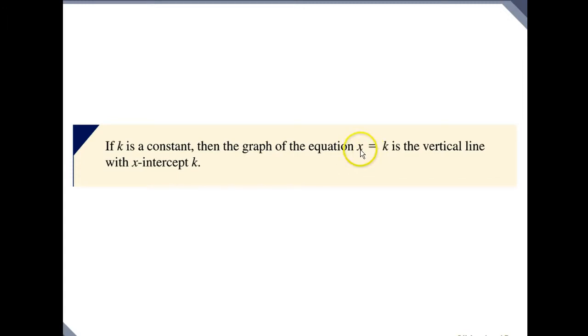So here we're saying if x equals a, that is the formula for the vertical line with the x-intercept at a. Here they're using the letter k for a constant. Again, different textbooks do things a little differently. If I were to write the textbook, I would use a.